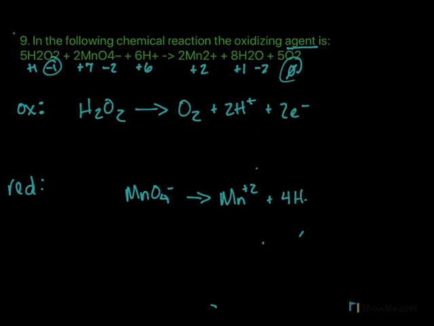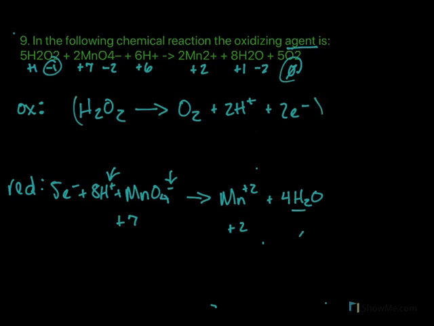So we'll add 4 waters to get our 4 oxygens, but that leaves us with 8 hydrogens. So we'll add 8 hydrogens to this side. This leaves us with a total of a +7 because we've got 8 H+, and then this negative charge from the permanganate. And then over here, we've got a +2 charge from the manganese. So we need to add 5 electrons to this side.